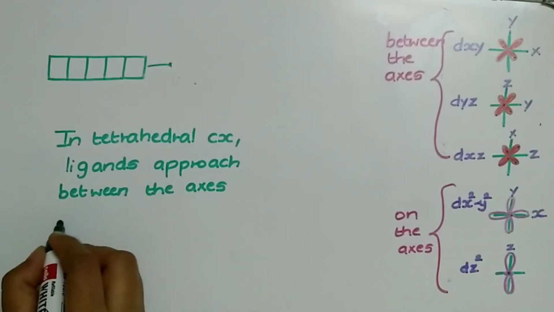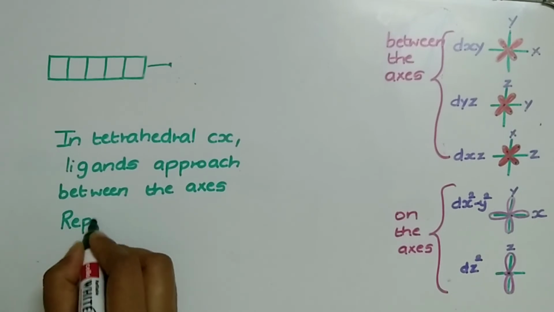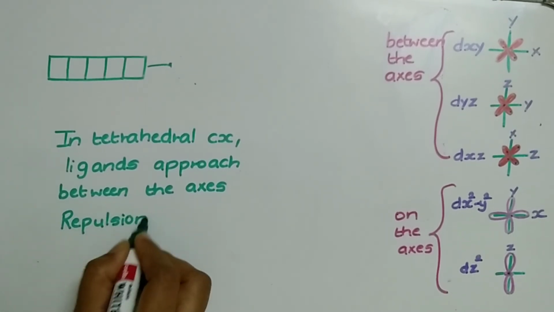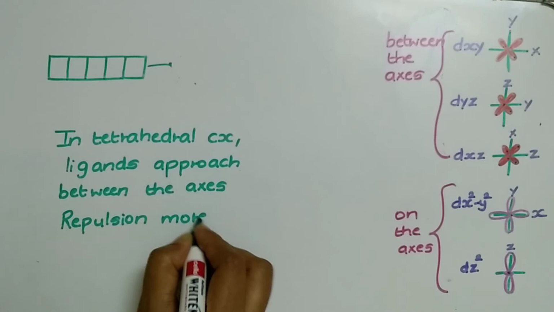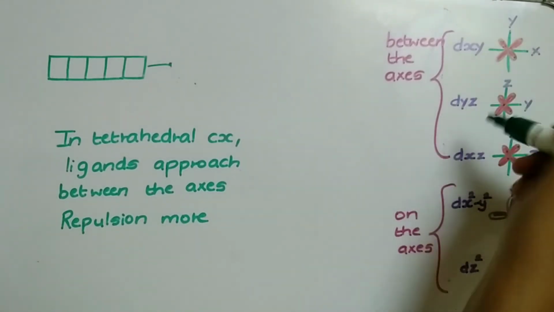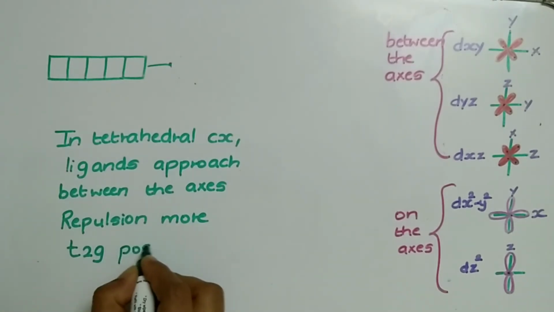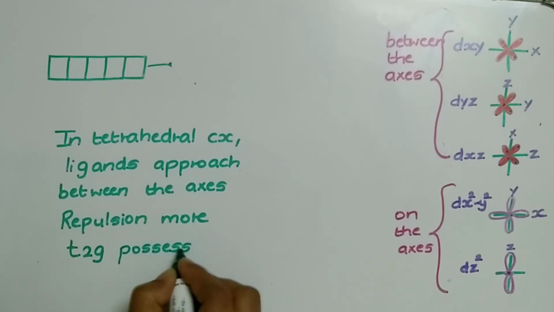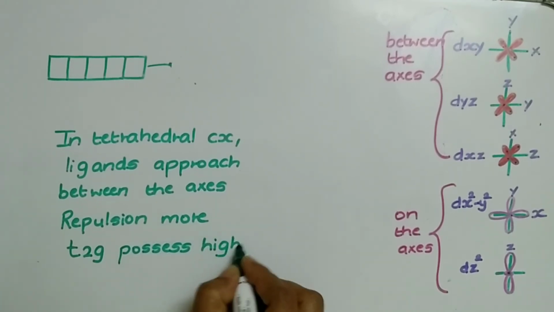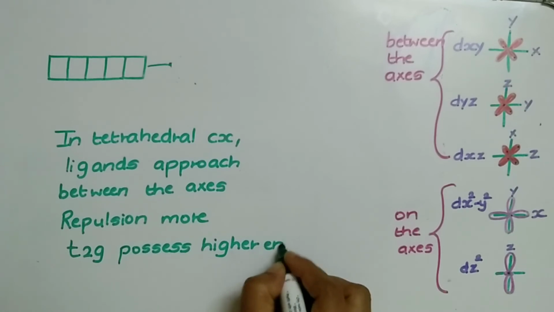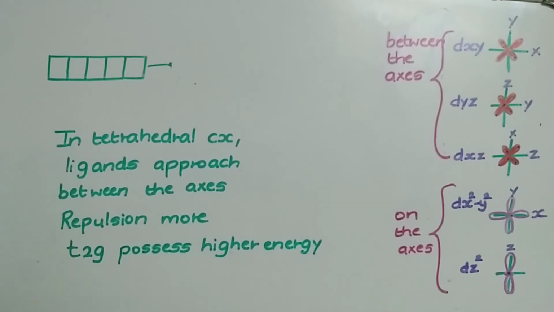So, repulsion will be more here, correct. These orbitals together we call T2g. So, T2g will possess higher energy because of more repulsion. That is in the case of tetrahedral complexes, correct.